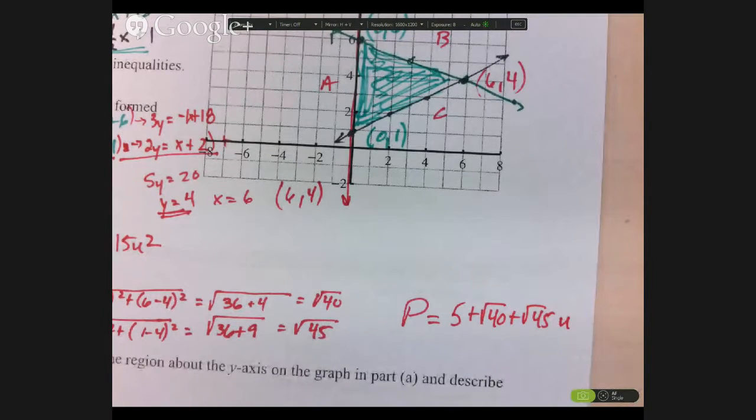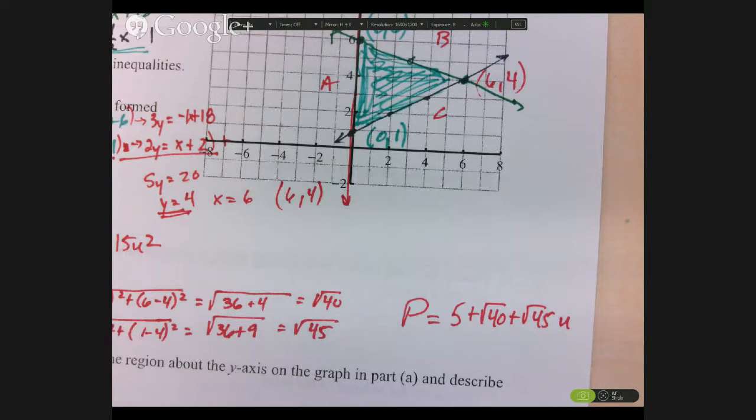You do not have to change it into decimals. You can be lazy on this one. All my answers are in square roots, so just leave it. Get used to working with it that way.